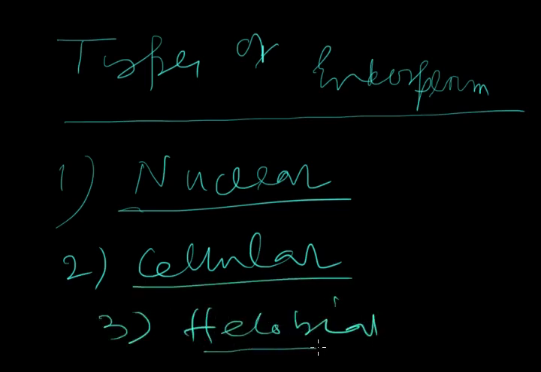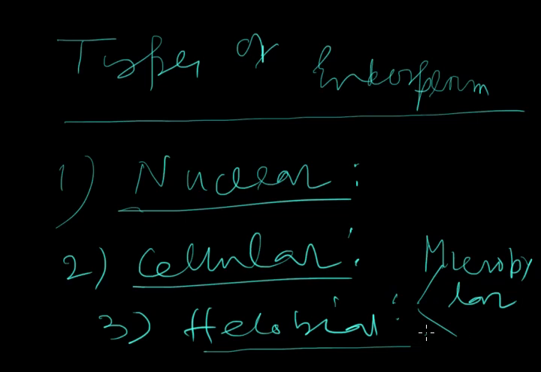So if you ask me what are the 3 types, nuclear one is supposed to be originated after repeated free nuclear division. Cellular one is supposed to be associated with repeated cytokinesis, and halobial one is differentiated with upper micropylar and lower chalazal end.